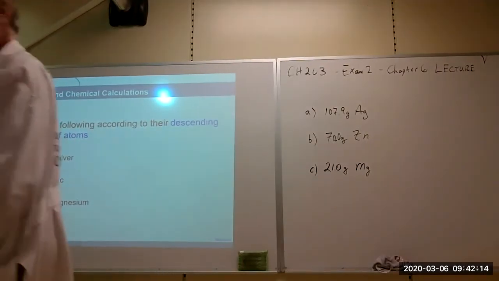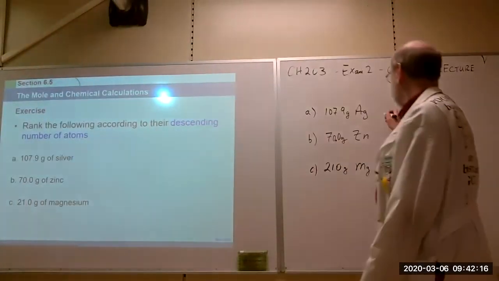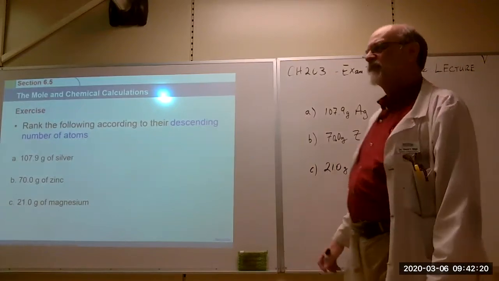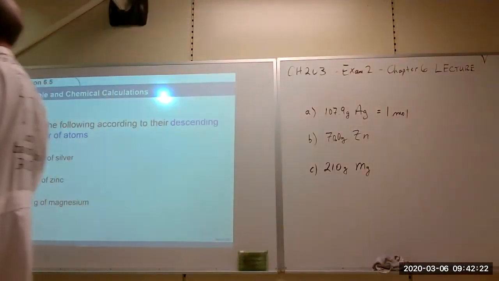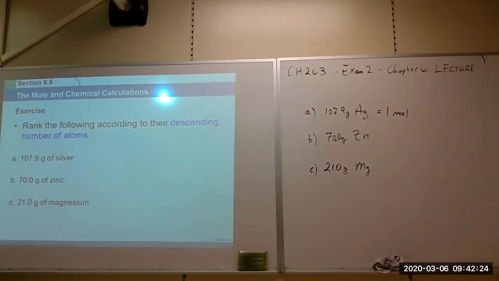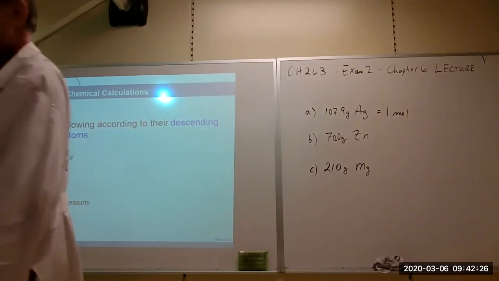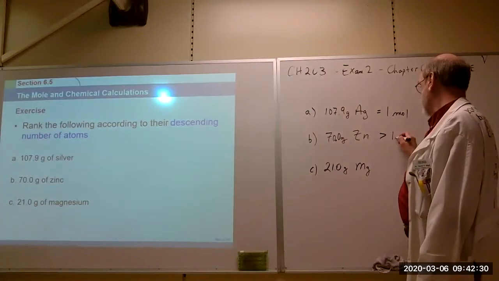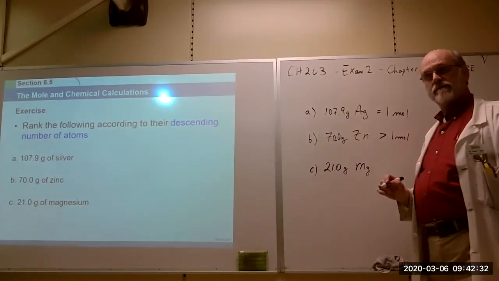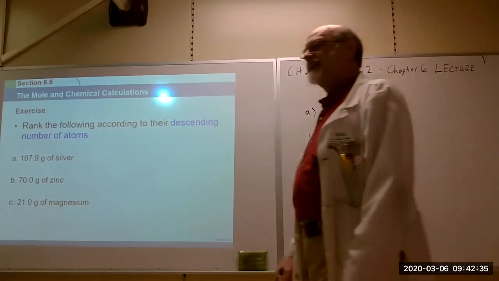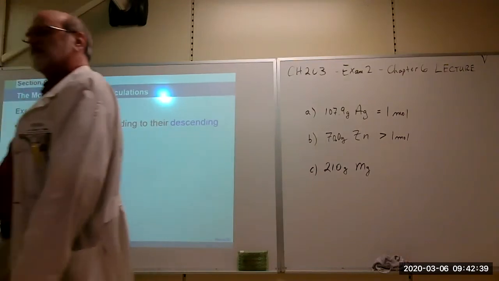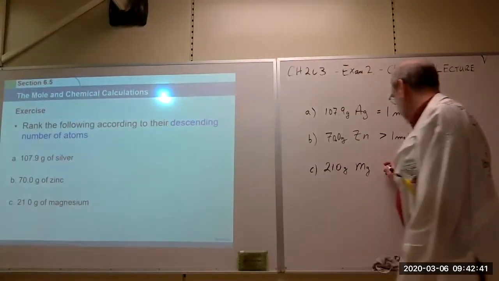It's exactly 1 mole, right? 65.39 grams of zinc is 1 mole, so 70 would be greater than a mole. 21 grams of magnesium: magnesium is 24, so this is less than a mole.